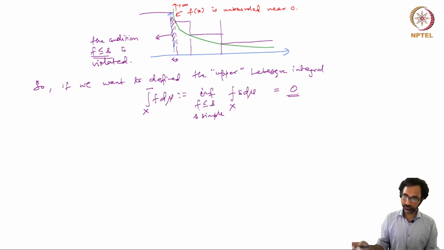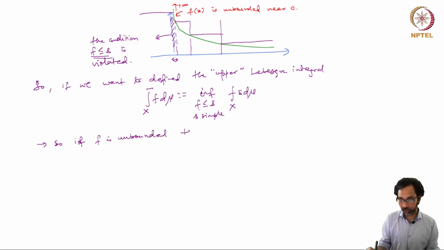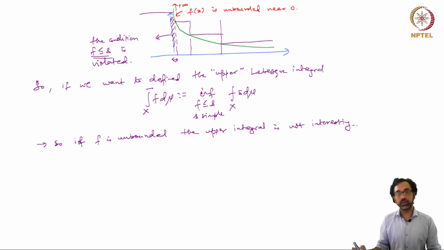On the other hand, in this case we see that the upper Lebesgue integral doesn't make sense. So if f is unbounded, let me write it here, the upper integral is not interesting in the sense that it only gives you value 0.